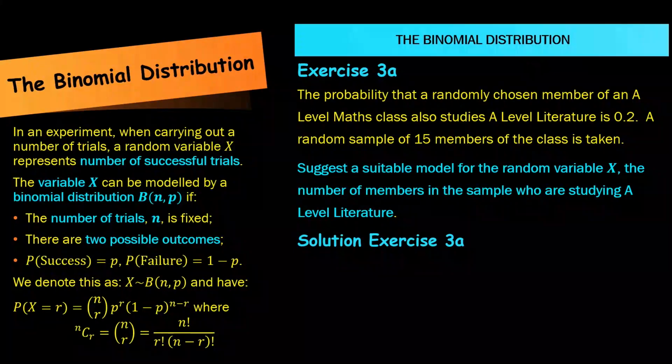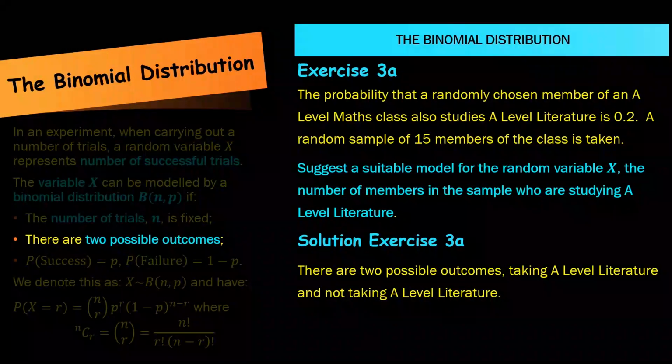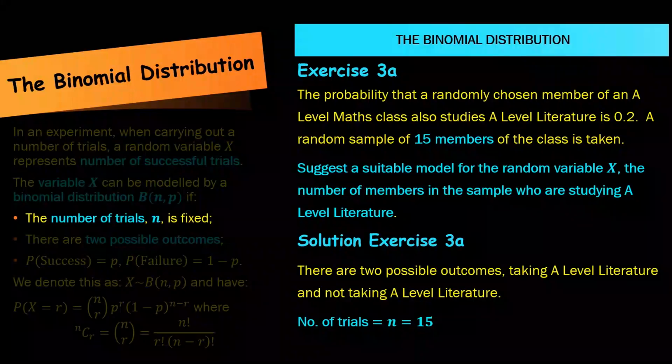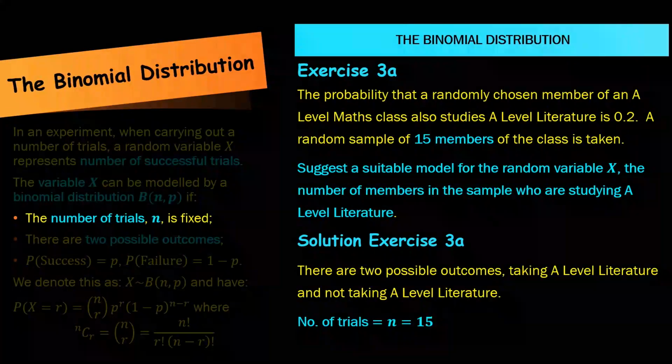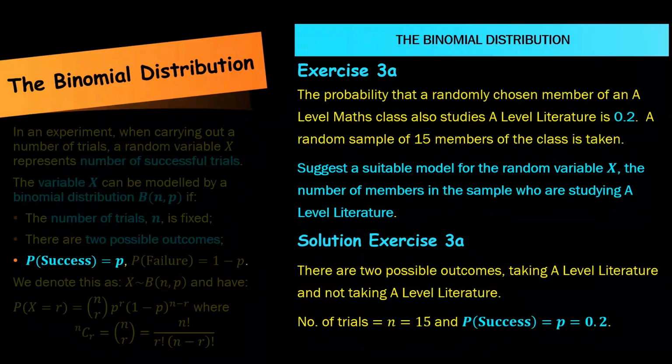There are going to be two possible outcomes, taking A-level literature and not taking A-level literature. The number of trials n is 15 because there are 15 members in the sample. The probability of a success is p. This equals 0.2.